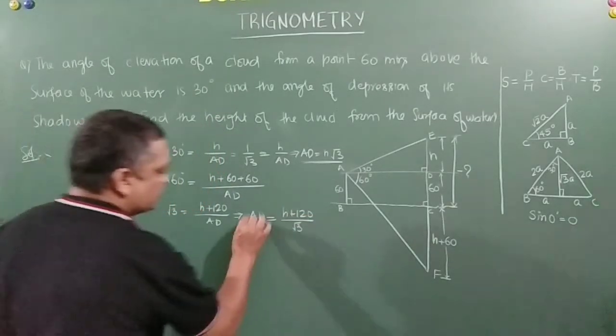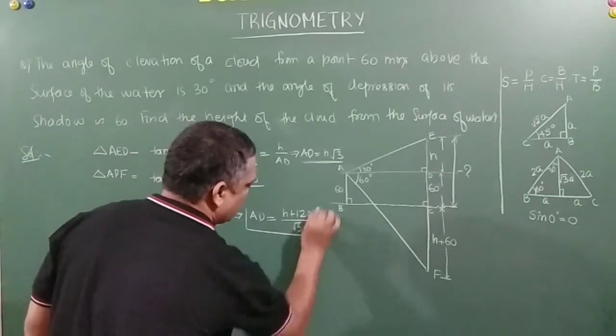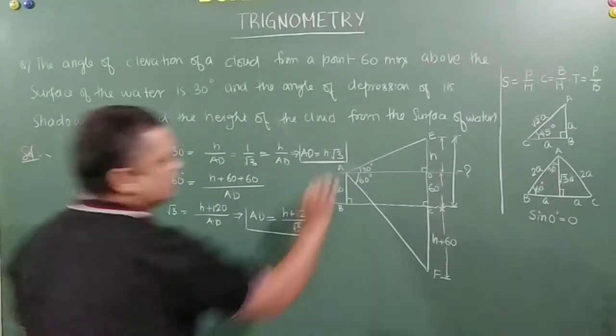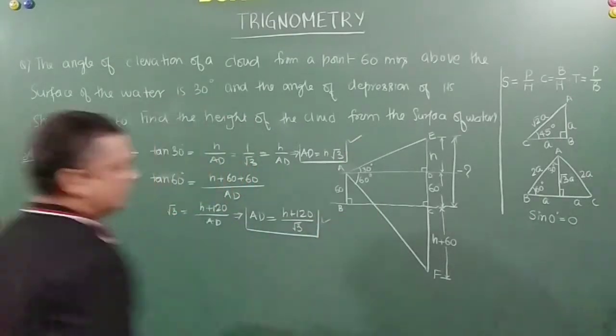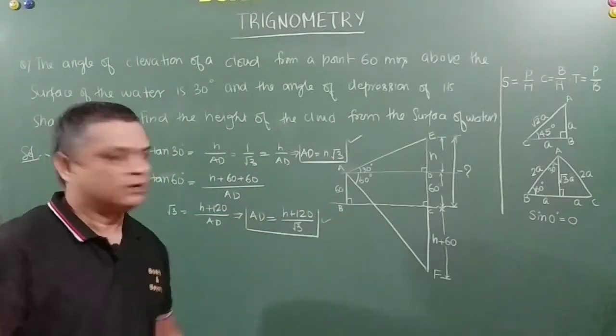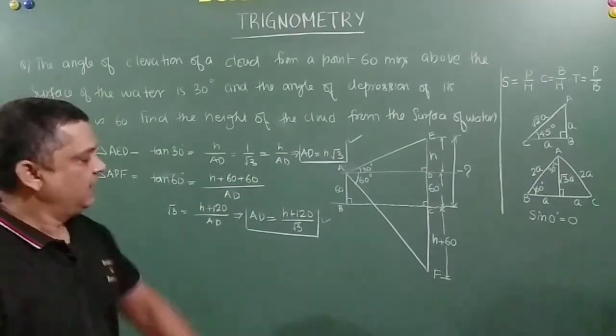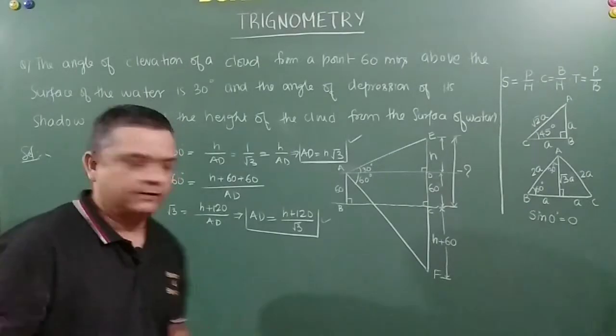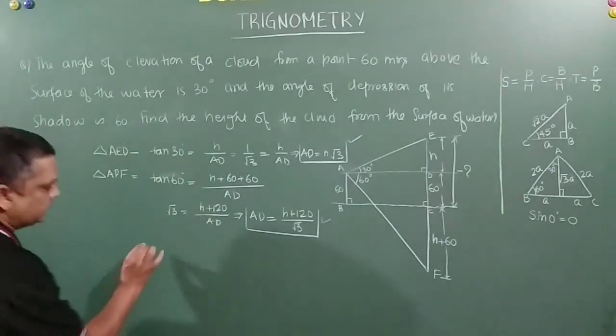Right? So just observe these two things. AD is equal to this also, AD is equal to this also. That means h root 3 is equal to h plus 120 divided by root 3. Correct. Let's do that.